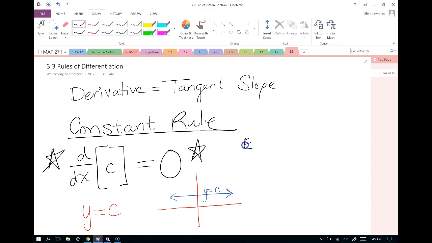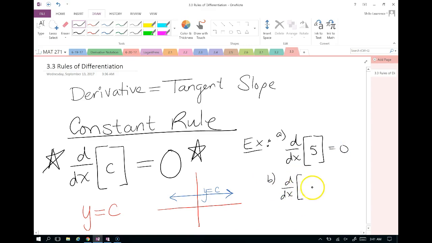For example, the derivative of 5 is 0. The derivative of negative 3/8 is 0.